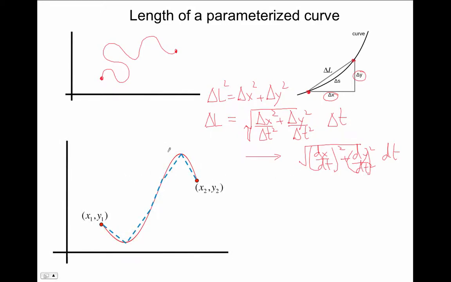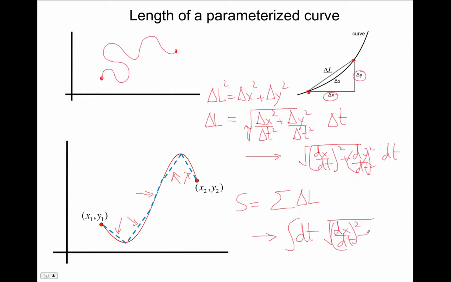If we break up our path into several straight line paths, and here for illustrative purposes I've just drawn 5 of them, this, and this, then the total distance that we have traveled is the sum of these distances, and hence the total distance will be the sum of all these little distances, and then this goes over into the integral of the square root of dx by dt squared plus dy by dt squared.